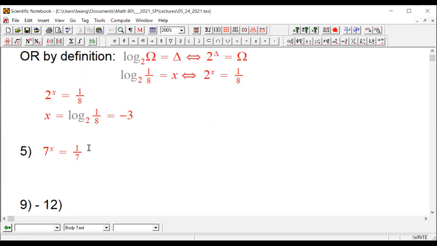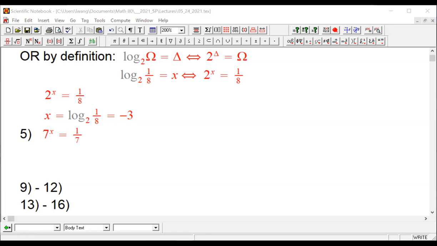Number 5, what is the answer for number 5? I'm sure you have it. Well, 1/7 is 7 to the power of -1.